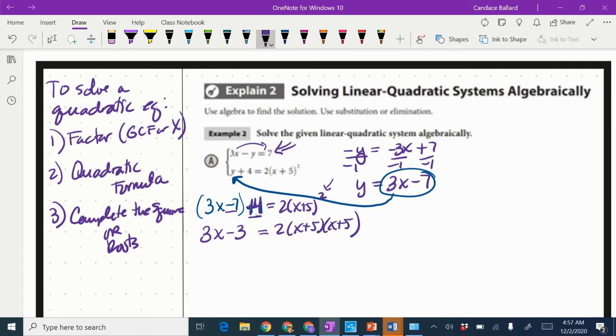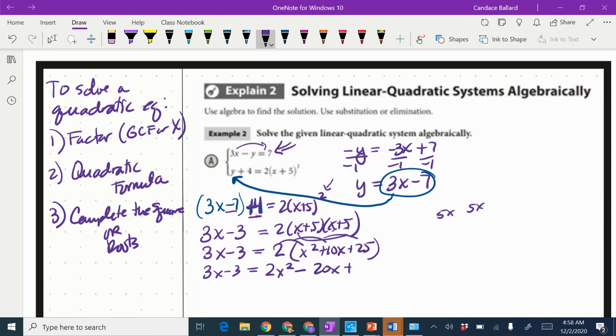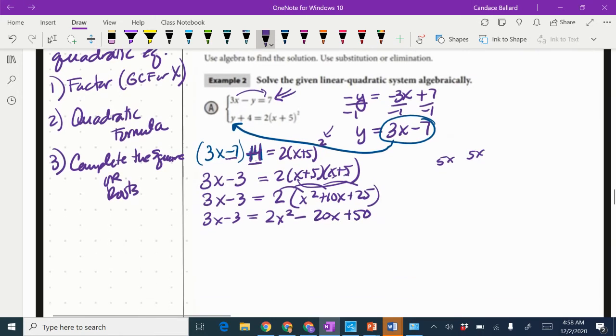I'm going to FOIL this piece: x times x is x squared, x times 5 is 5x, and I have another one in the middle, which gives me 10x when I add them up. 5 times 5 is 25. Distributing the 2, I get 3x minus 3 equals 2x squared plus 20x plus 50.